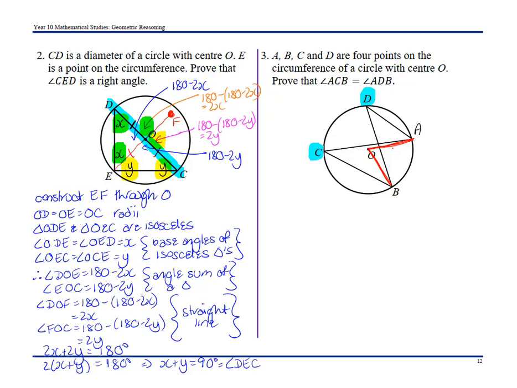Okay, so what I mean by that is if I let this angle here be A, this has to be 2A because they're sitting on the same arc. Okay, similarly, this angle out here has to also be A because it's sitting on the same arc.